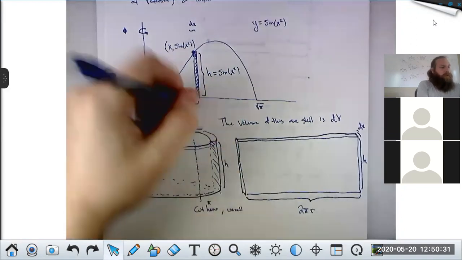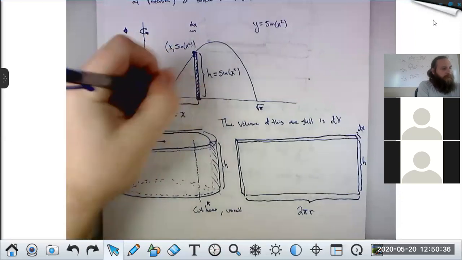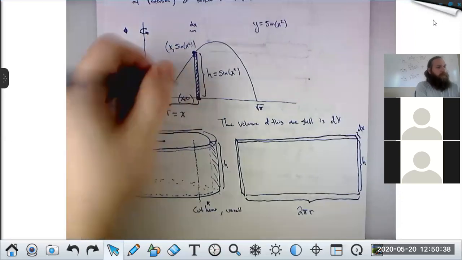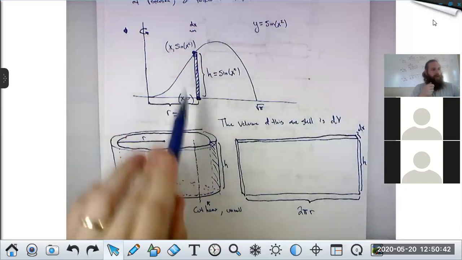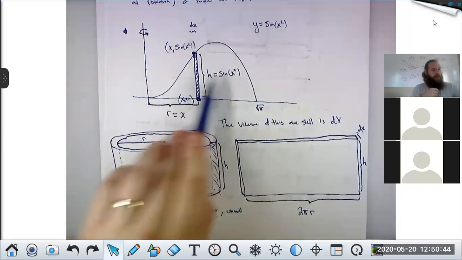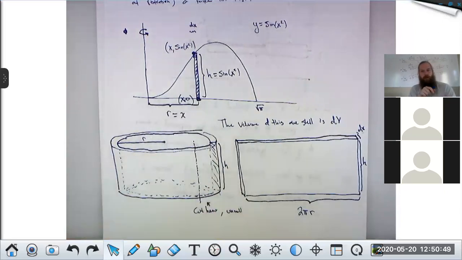Because the y value at the bottom of the strip is the point x comma 0, because it's along the x-axis. So it's this y value minus this y value for the height, and this horizontal distance, which is just x, for the radius. Does it account for the thickness?